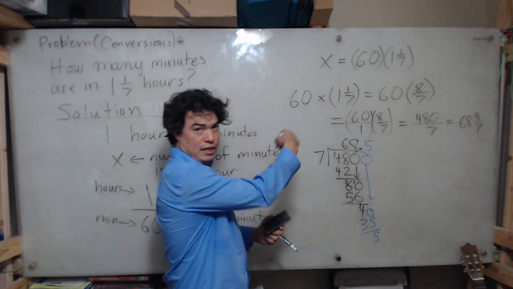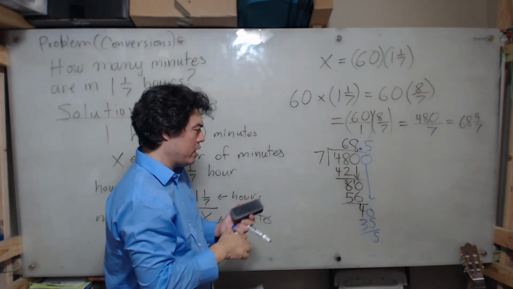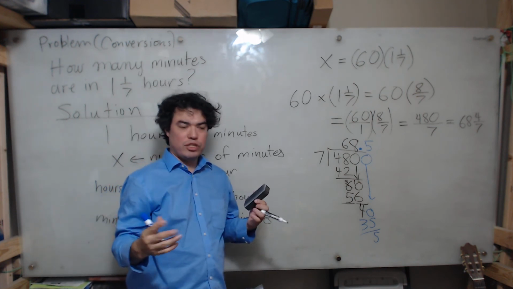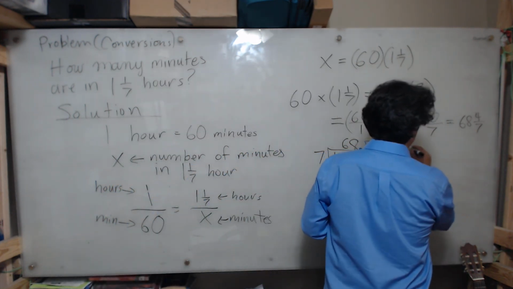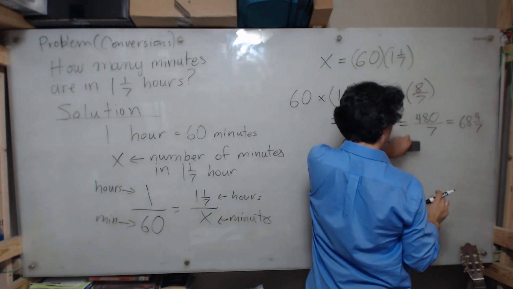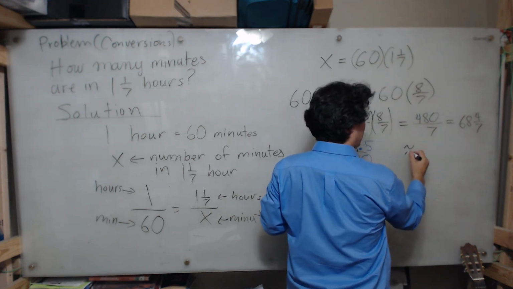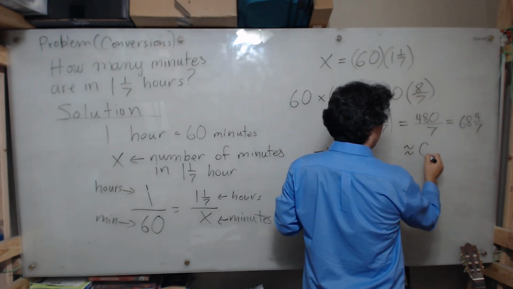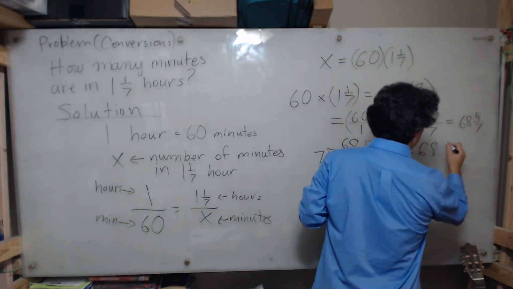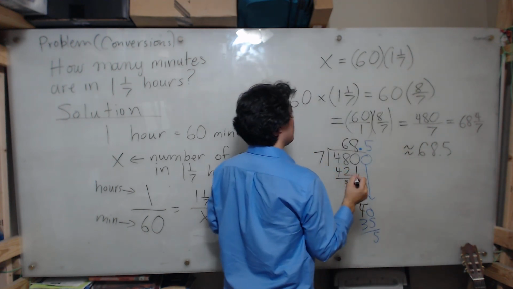And you can see I can continue going this way. I recommend when you're practicing long division to always do it like that so that you can get the hang of it. Now here I'm going to put a squiggly equals, because that means not equal anymore. It means almost equal. So nearly 68.5.